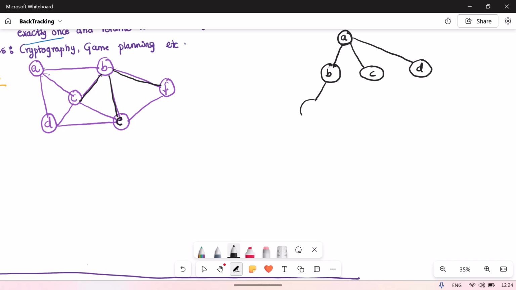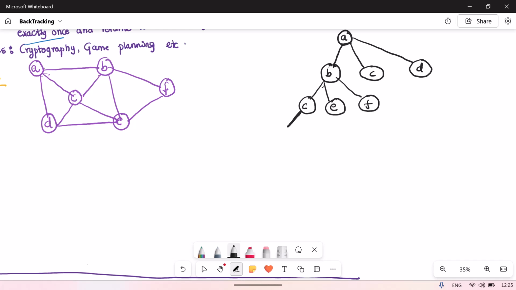So, from B, I have direct paths to C, E, and F. Now, I'll take this path, C, from here.